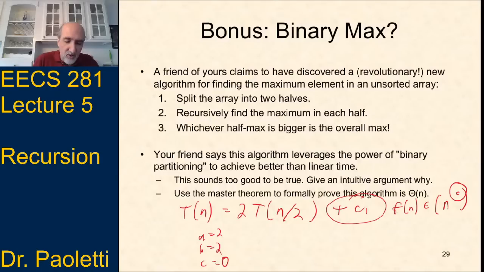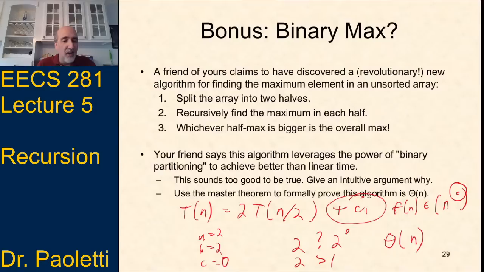So how is 2 related to the 0 power? So 2 is greater than 1. Now you can go back to the page with the master theorem, solve this, and what you'll find is we get big theta of n. So it's no different than doing a linear search for the biggest element.